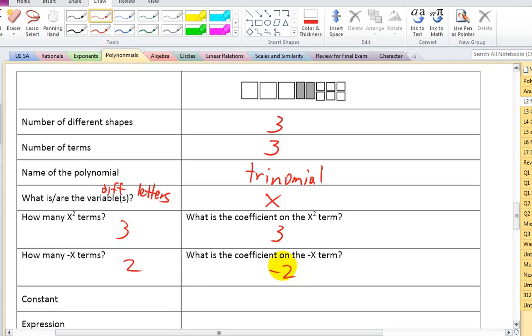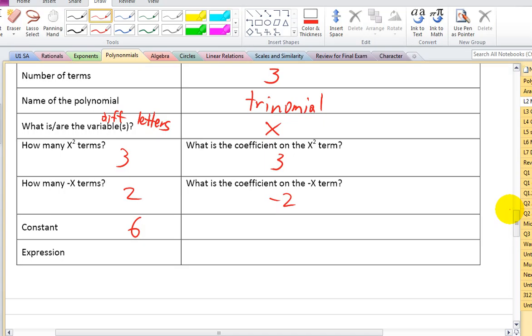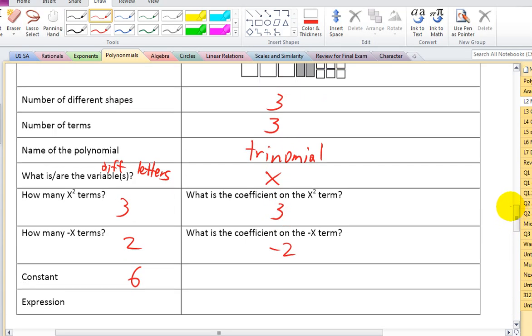Got that? A little bit different there, right? 2 negative x terms, coefficient -2. What's the constant? 6. And so then, what's the expression? 3x squared minus 2x plus 6.